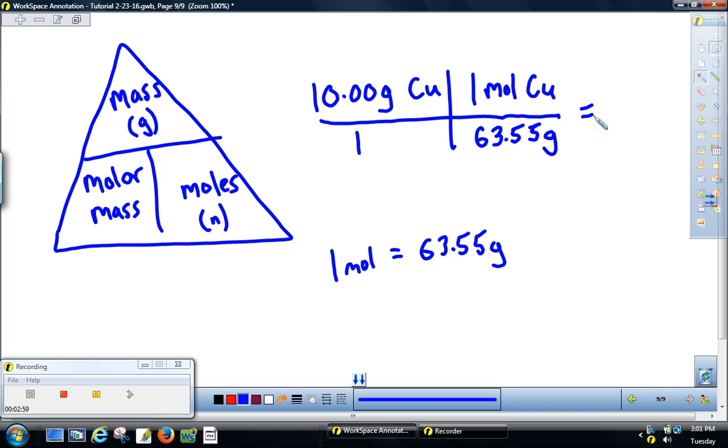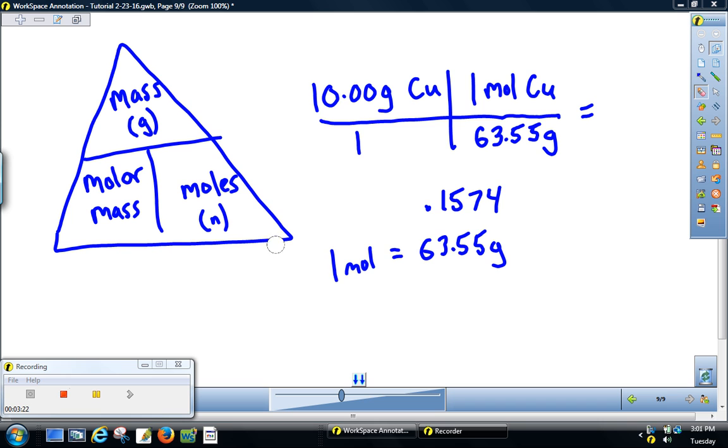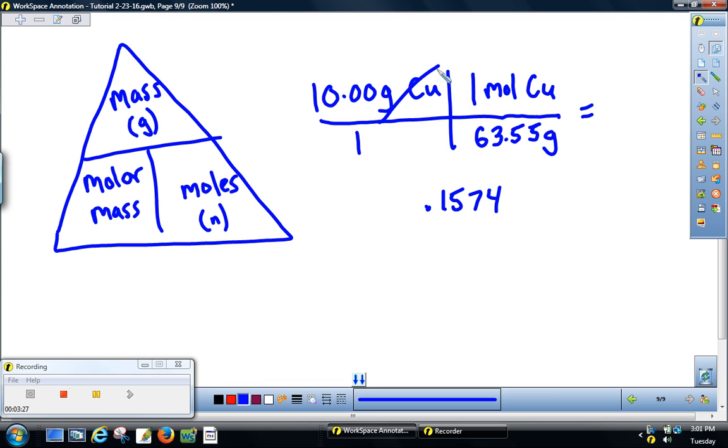Thinking about sig figs here, let me pull out my calculator. We're going to take 10, which has 4 sig figs, divided by 63.55. And what we get is 0.15735, and we're going to round that to 4 sig figs, 0.1574. The units, grams of copper, cancel, and we're left with moles of copper, which are, remember, collections of 602 sextillions.